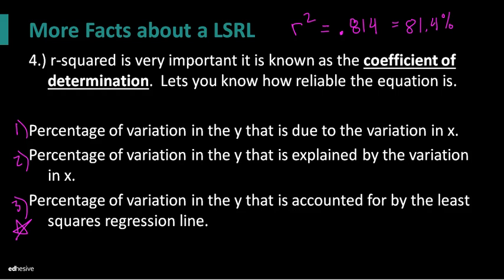Basically what we're saying is that if you have 2 variables x and y and they have an 81.4% r squared, that means that 81.4% of the variation in that y variable is actually due to the least squares regression line, which is really, really powerful. It tells us that there's a strong connection between these 2 variables and that it's reliable. We'll talk a little bit more about that in a more specific example in a moment.